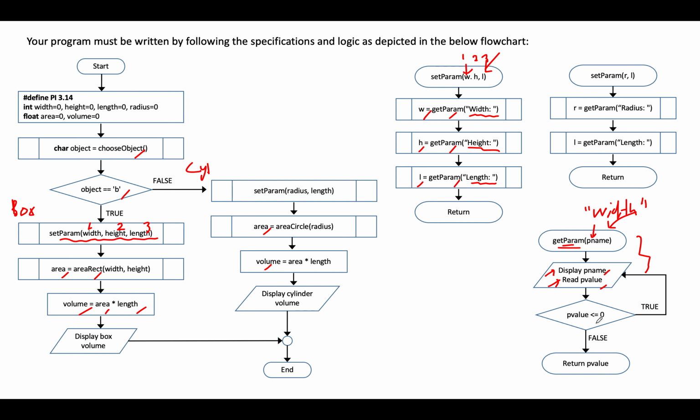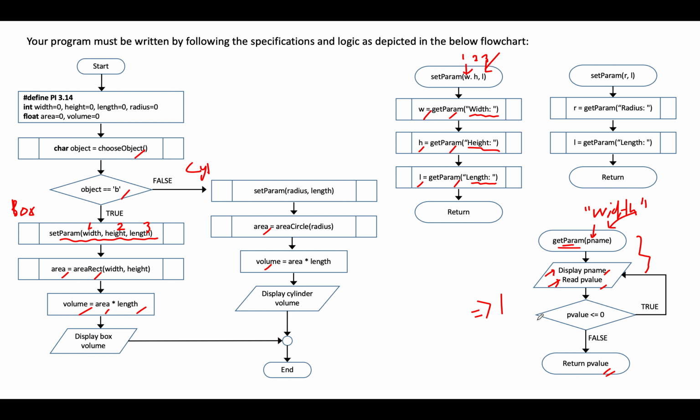So if p value is less than or equal to 0, then you repeat, because you need the value to be equal or more than 1.